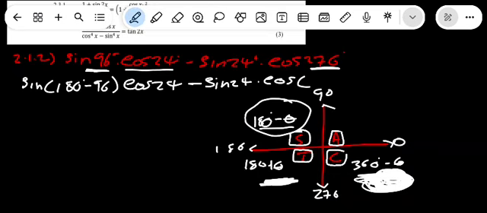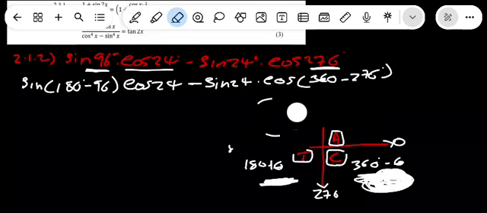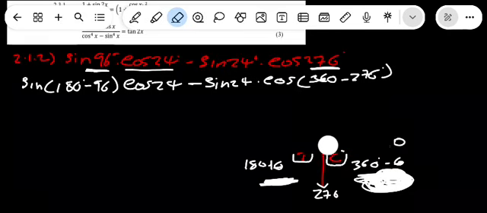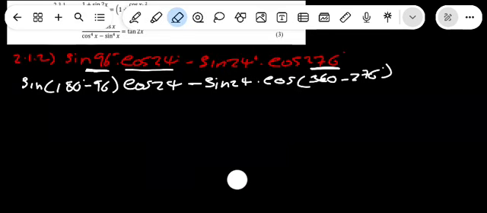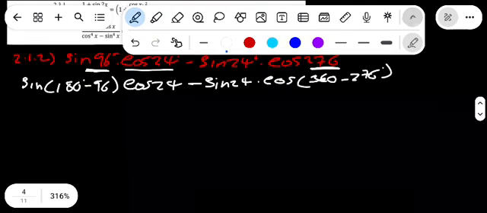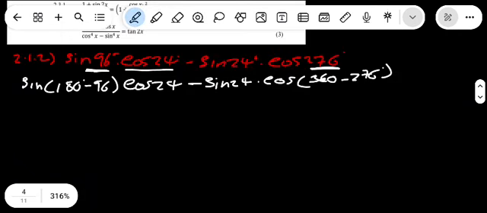So that means here we have 360 minus 276 degrees. This is what we have.